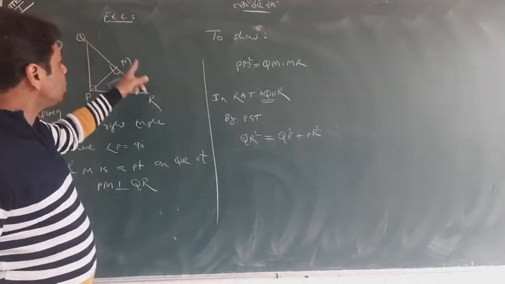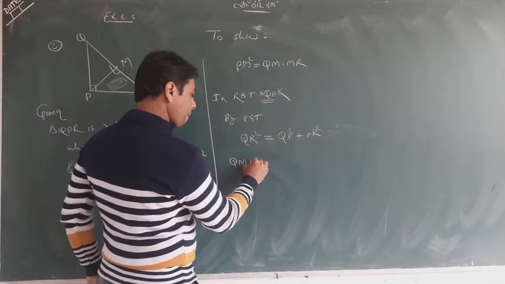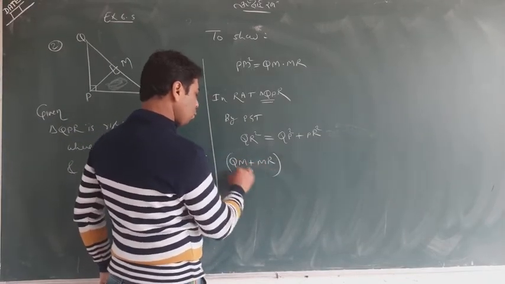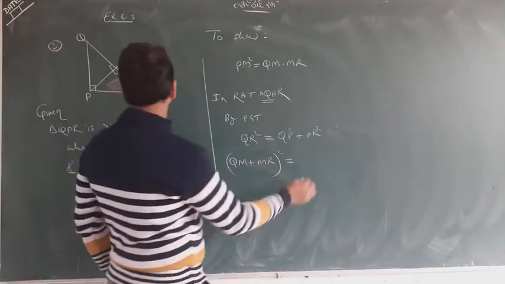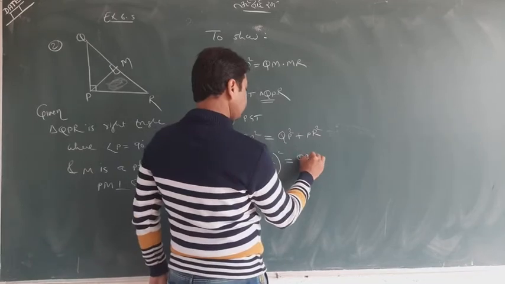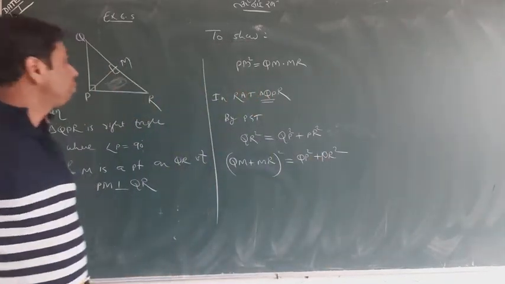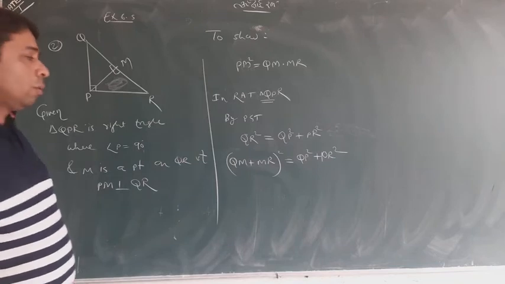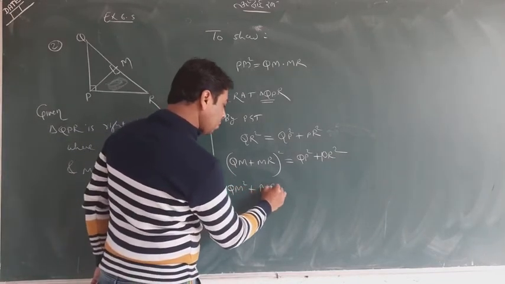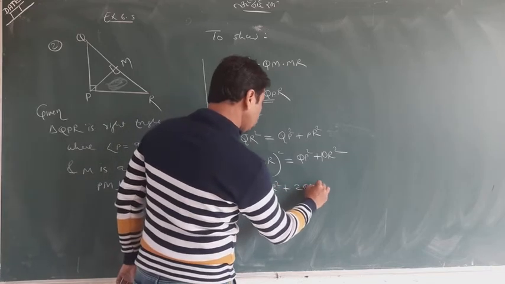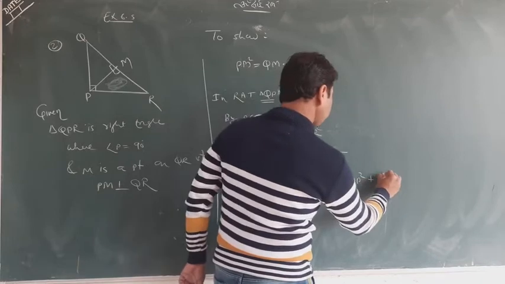So can I write, instead of QR, QM plus MR, equal to QP square plus PR square. I'll write the same. Now can you open it? QM square plus MR square plus 2QM MR equal to QP square plus PR square.